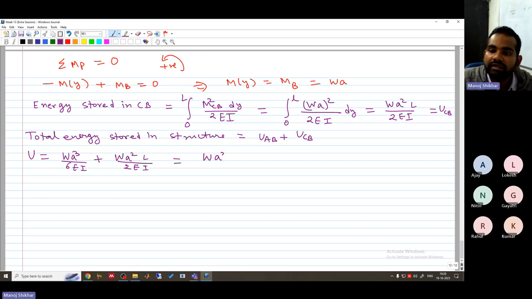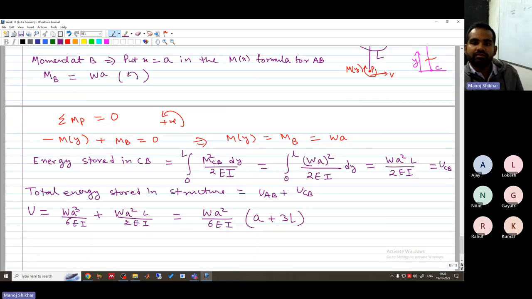If I take WA square upon 6EI common, here it will be A plus 3L. So this is the total energy stored in this structure.